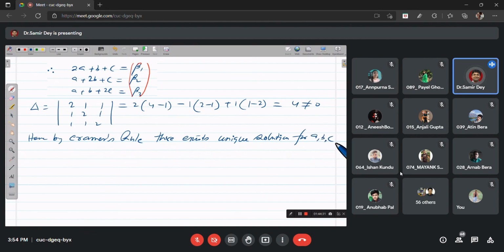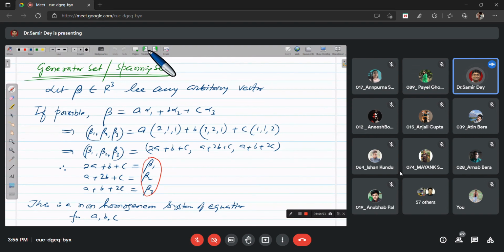This line is clear or not? Now please listen carefully. If there exists a unique solution, whatever the values beta 1, beta 2, beta 3 you have, you will get some unique value for A, B, C, correct?